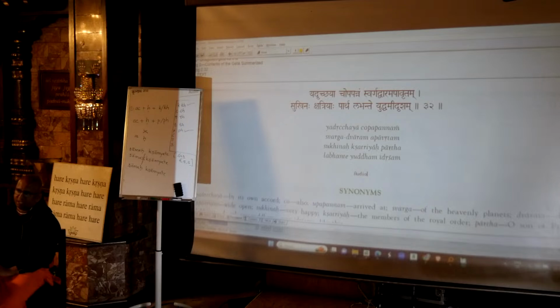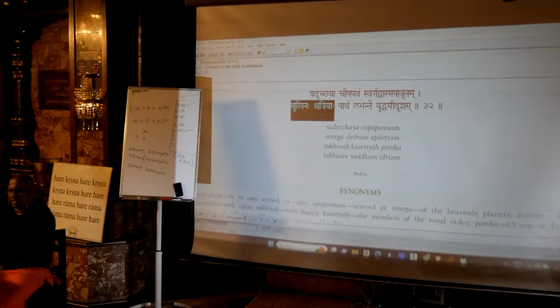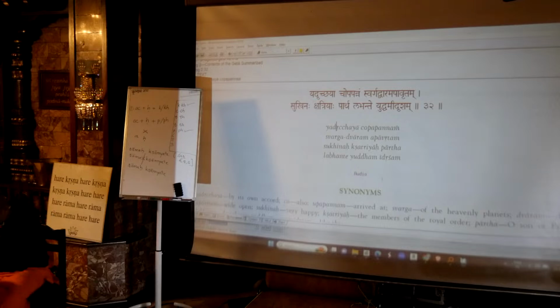Yeah, it will be elided. So it would have just stayed as Kshatriya. But because here is Pakara, so it has stayed as it is. So you can say this as Sukhinaha Kshatriyah Partha Labhante Yuddham Idrisham. You will have to pronounce that Visarga. You can't leave it because it is preceded by the, or rather it is followed by the hard consonants.